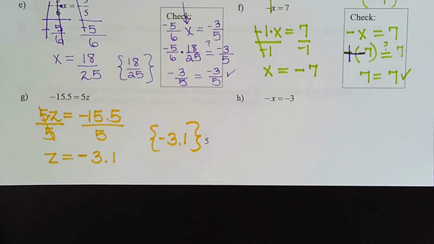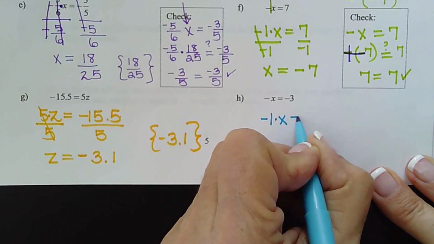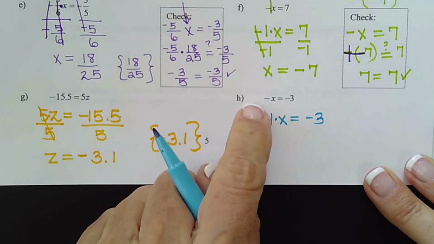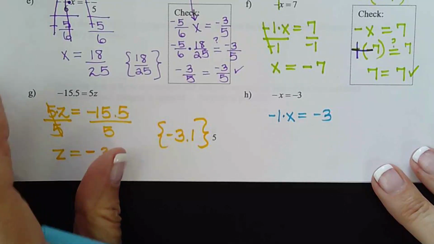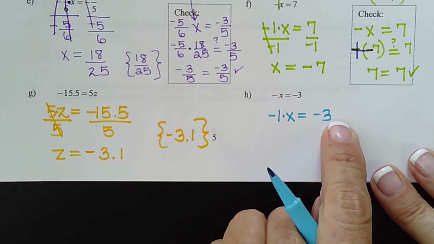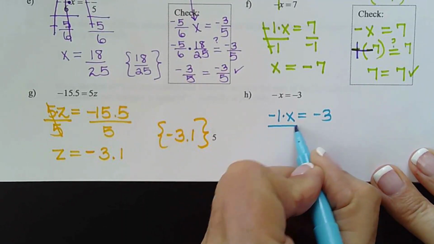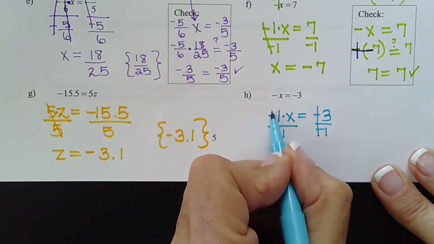And then last but not least is the same one that we did above, except it's a double negative. So we have negative 1 times x. So when I see this problem in ALEKS, the first thing I would do is rewrite it on my paper like this. So negative 1 times x equals negative 3. Opposite of times is divide by negative 1. Double negative, double negative.